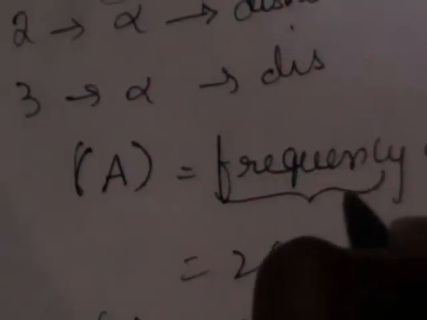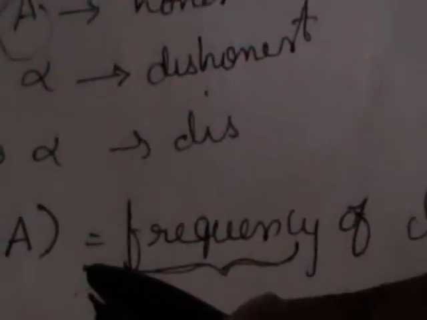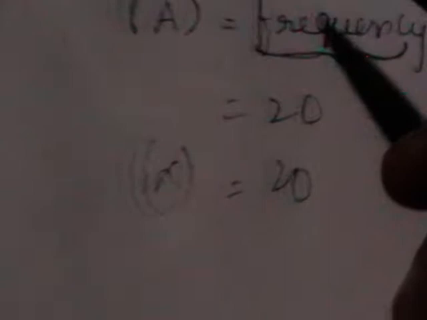And if I write bracket alpha is equal to 20, it indicates that there are 20 persons who are dishonest. Whenever we use brackets, it indicates frequency, a number attached to it. Without brackets, it just indicates he is an honest or dishonest person. So this is the notation we use in general.